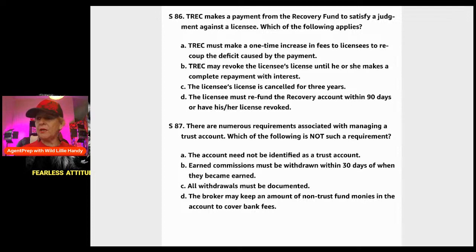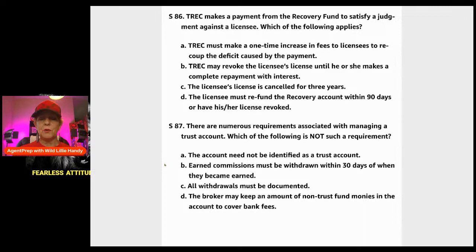Number 87. There are numerous requirements associated with managing a trust account. Which of the following is not such a requirement? A, the account need not be identified as a trust account. B, earned commission must be withdrawn within 30 days of when they became earned. C, all withdrawals must be documented.